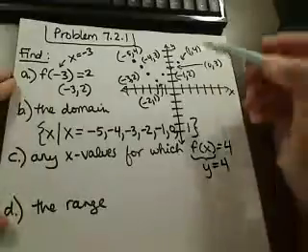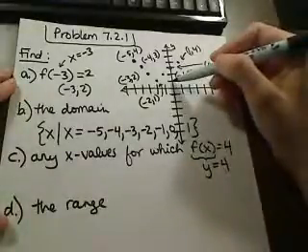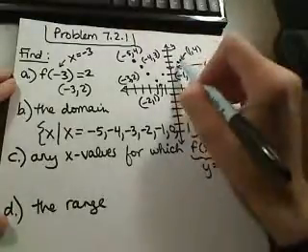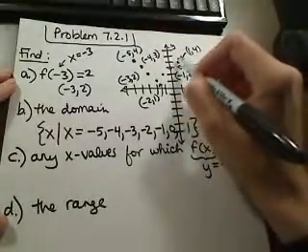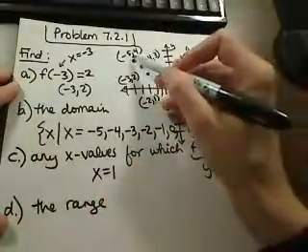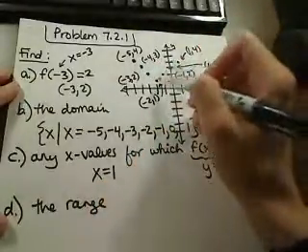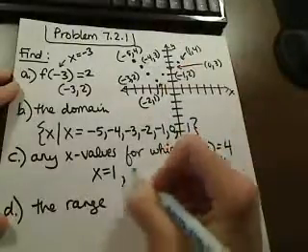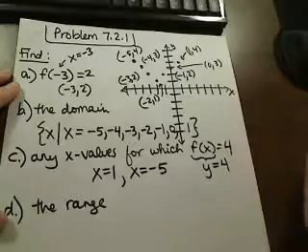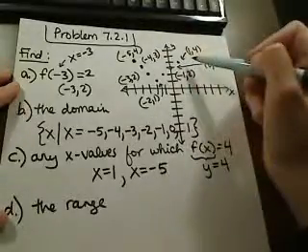So if we go to y equals 4 on our graph, that's 1, 2, 3, and 4 right here, we actually have two values. There's this value right here, so that's at x equals 1, and there's this point right here, which is at negative 5. So there's actually two different x values that occur at y equals 4.